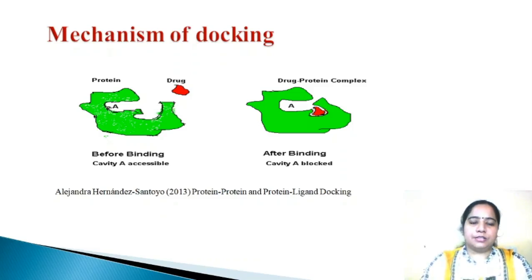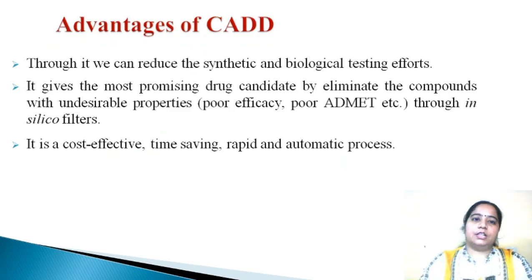The protein has a hollow space called the active site, and the drug molecule binds within the cavity of this active site by undergoing various conformational changes in its structure. After the binding, a complex is formed which is called the drug-protein complex, and this complex blocks the cavity or active site of the protein molecule.